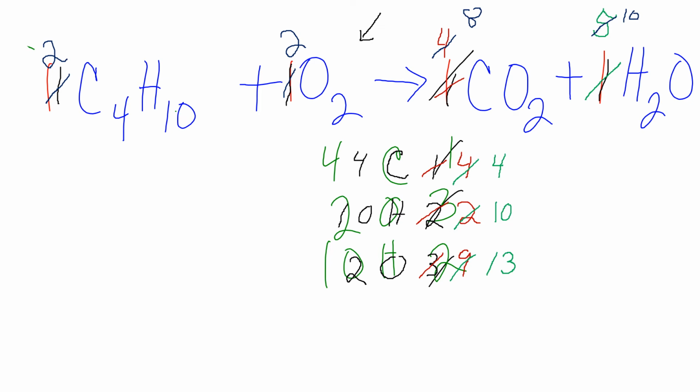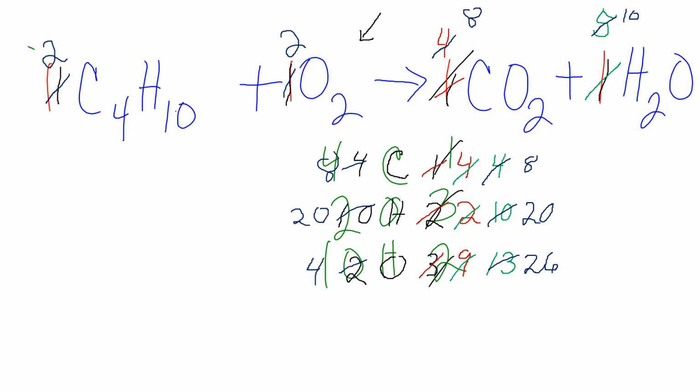Now you can recalculate these, but since you doubled everything, everything just doubles, right? So that's 8, 20, and 26. Okay, and this is 8, 20, and now 4. Okay, so see, my carbons and hydrogens are still fine.